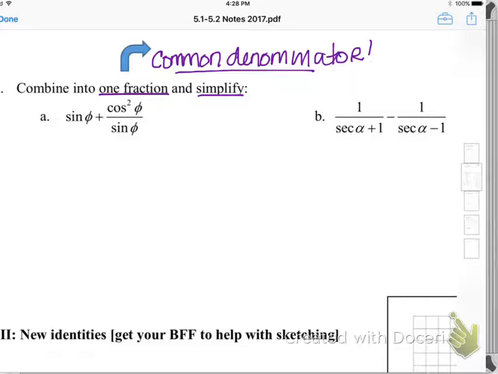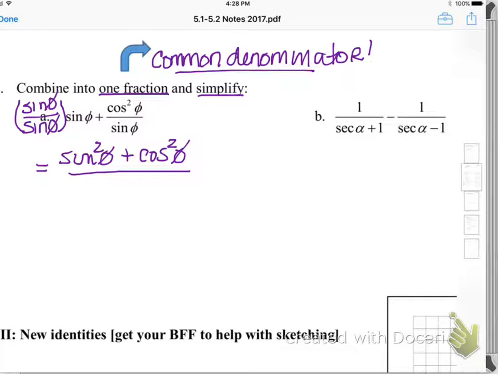So if this has a denominator of sine, then you should recall that I'm going to multiply this by sine over sine. Totally legal, because sine over sine is just 1. I haven't changed anything. So I'm going to end up with sine squared theta plus cosine squared theta, all on the top of my fraction, and the whole thing is going to be divided by sine theta.